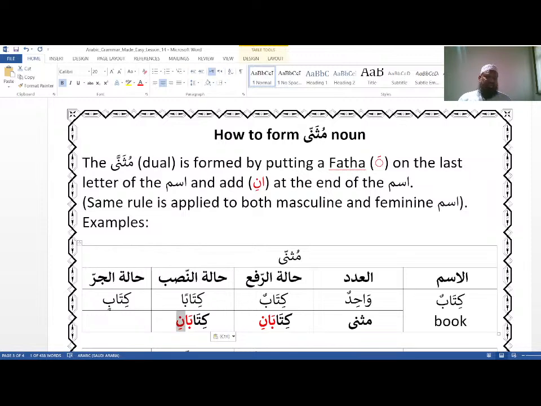This noon kasra is to show us muthanna. In halatul nasb, it is with the ya, the ayni sound, kitabayni. Same thing in halatul jar, with the ya, kitabayni.